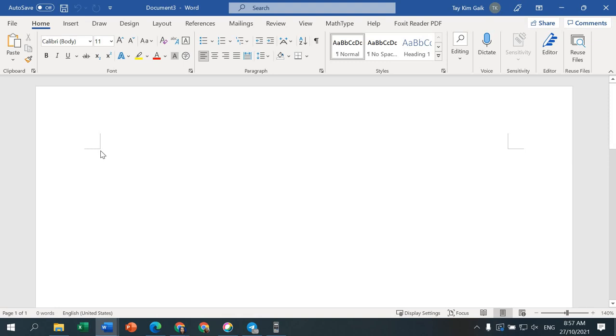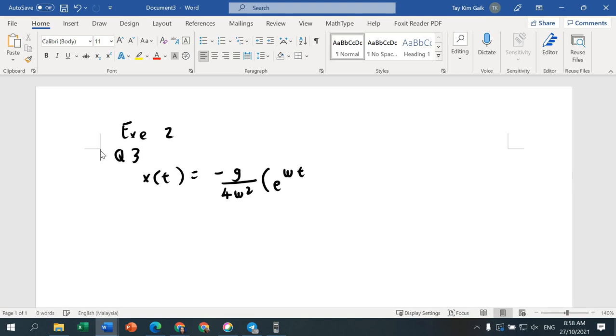Okay, exercise 2, question 3. x of t equals negative g divided by 4 omega squared, exponent of omega, sin omega t, plus 0.5.